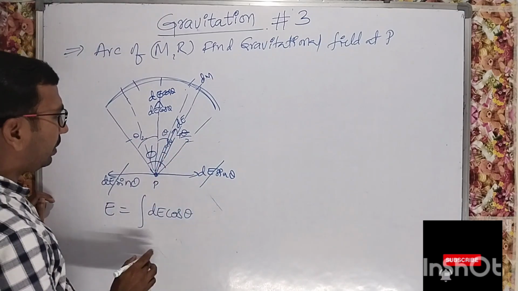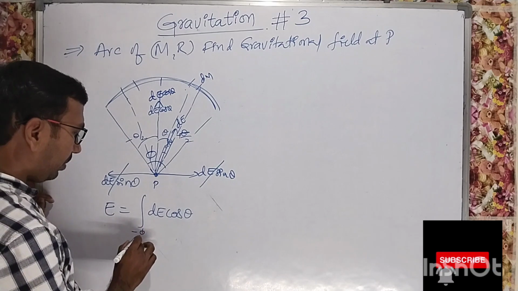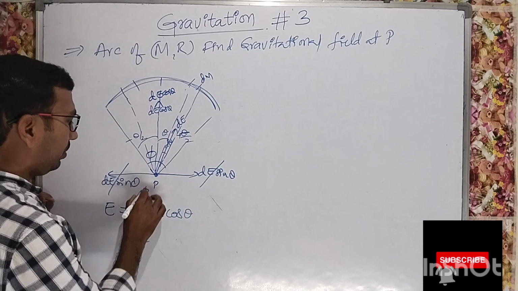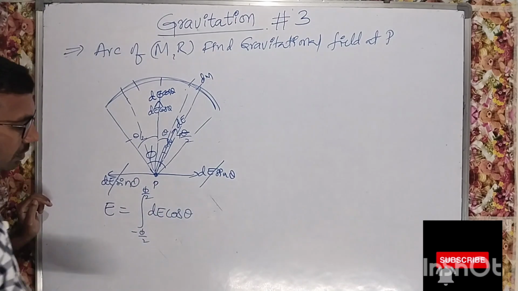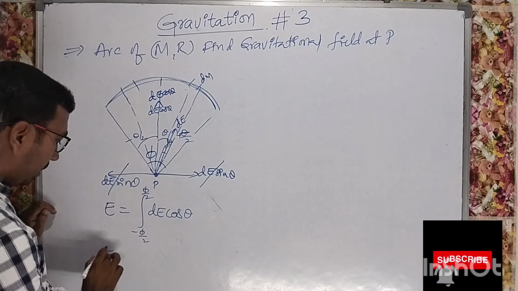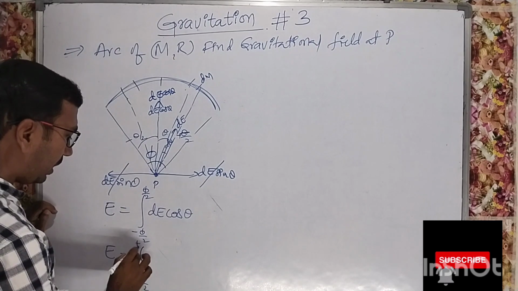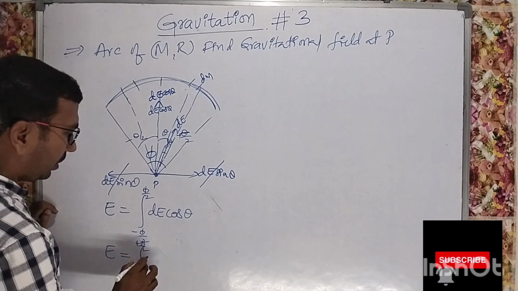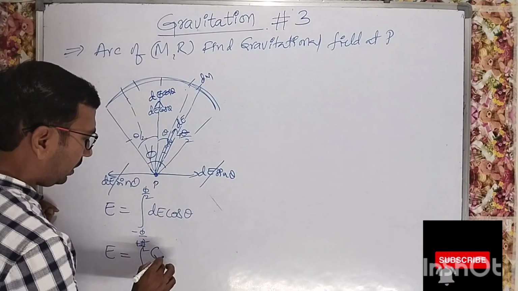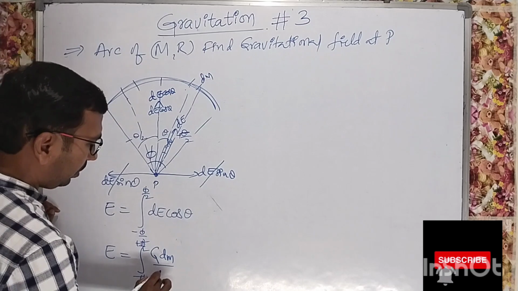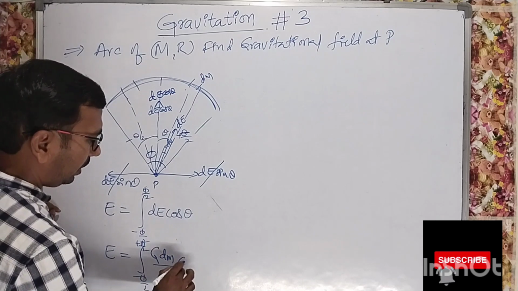So you can integrate from minus pi by 2 to plus pi by 2. So what about dE here? dE is equal to G dm by r square cos theta.